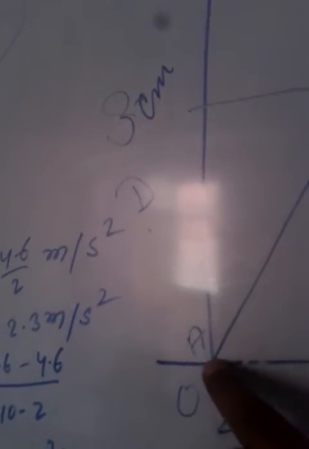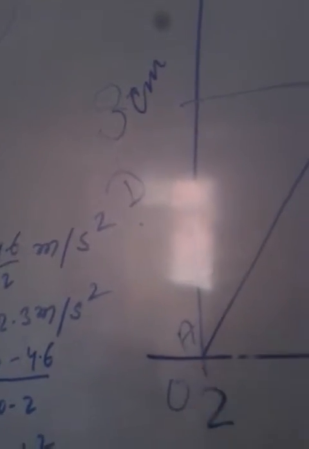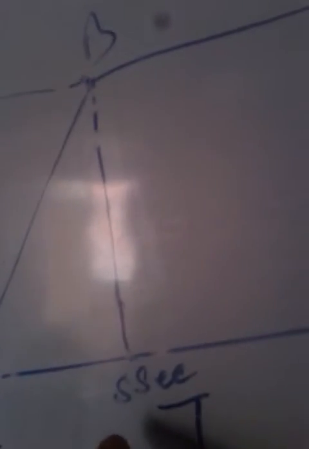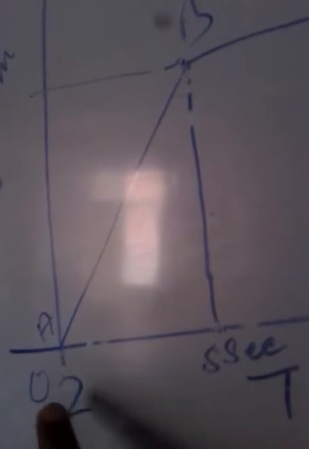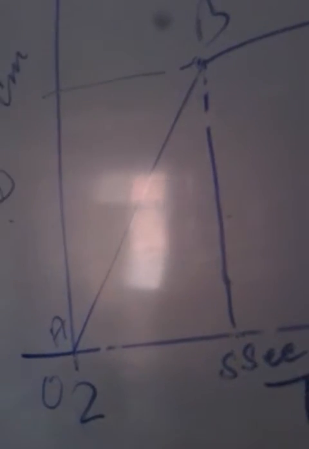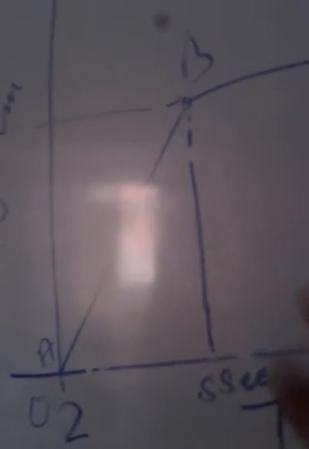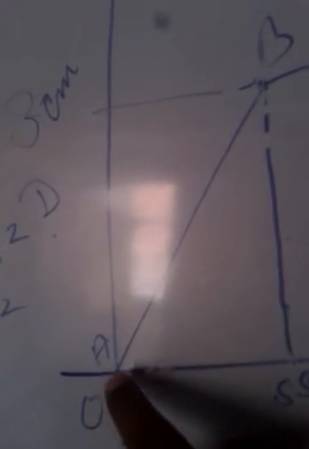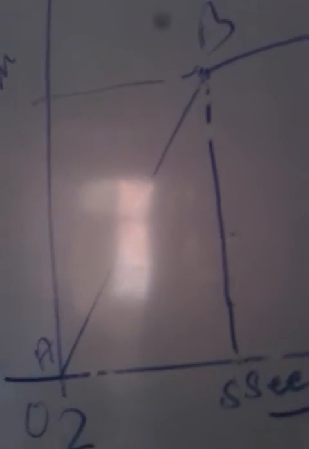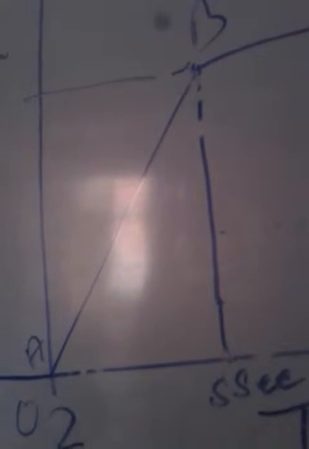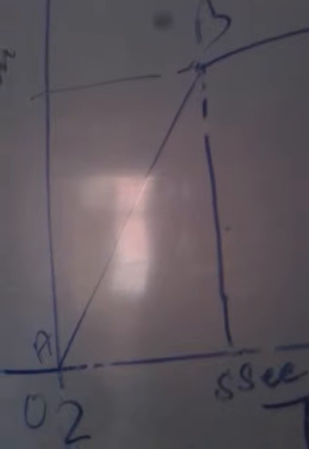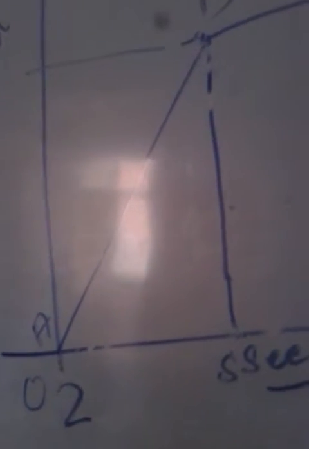So you subtract the distance 3 minus 0 and divide by time, final time minus starting time, 5 minus 2. In a distance time graph, taking points A to B, the slope of AB always gives the speed.